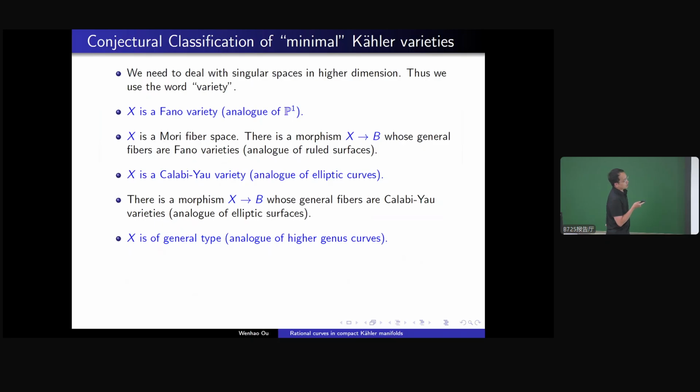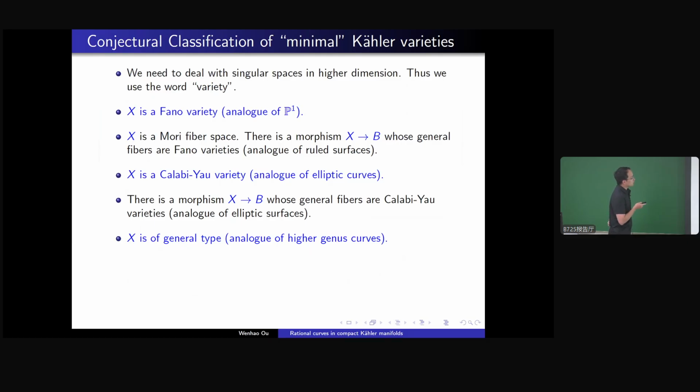Usually, it has singularities, so I use the word variety. And for this so-called minimal variety, we have 5 classifications, which is very similar to the classification of surfaces. There are 3 in blue. They are analogs of curve classifications. So they are Fano varieties, Calabi-Yau varieties, and varieties of general type.